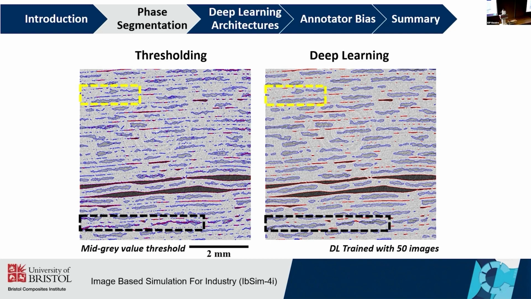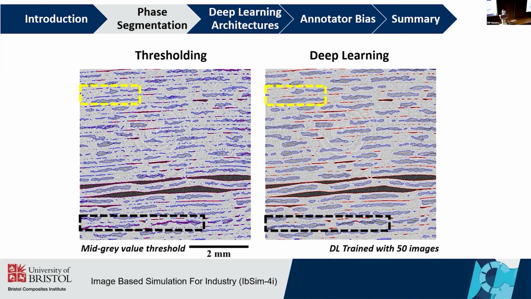The other one is the segmentation of really small voids. Thresholding completely misses them, and that is also because of ambiguous gray values. So it is not able to identify those gray values as belonging to a void phase. But when we compare these thresholding results to the deep learning, we can see that deep learning better recognizes noise.